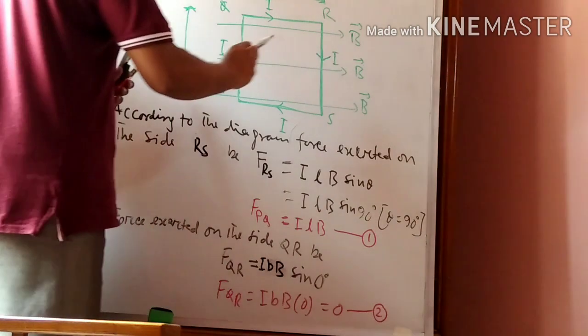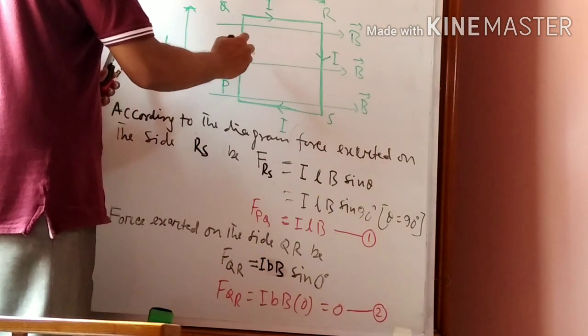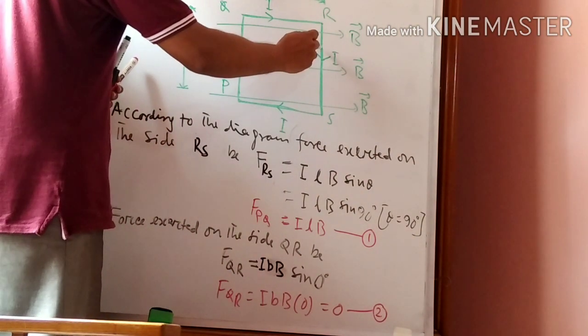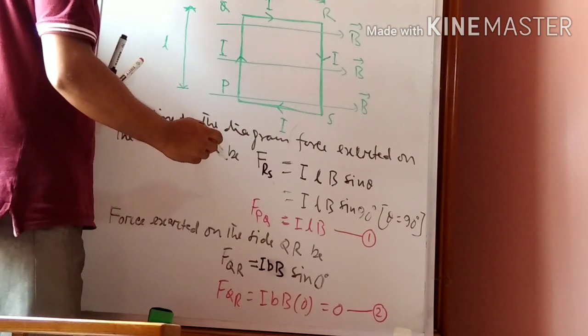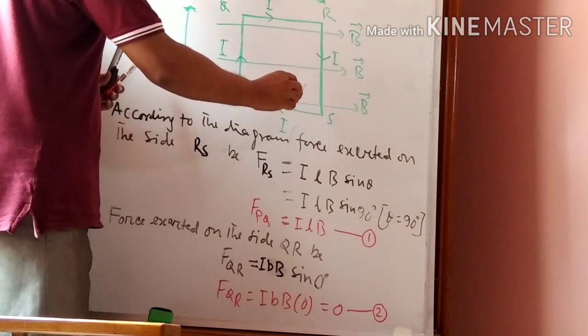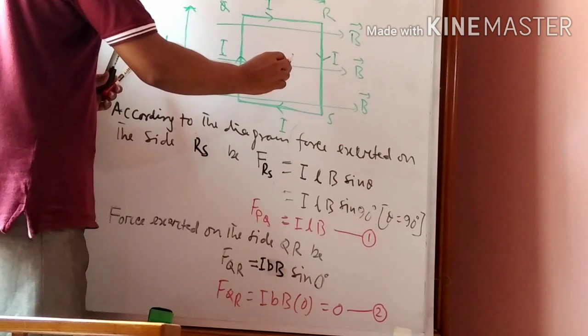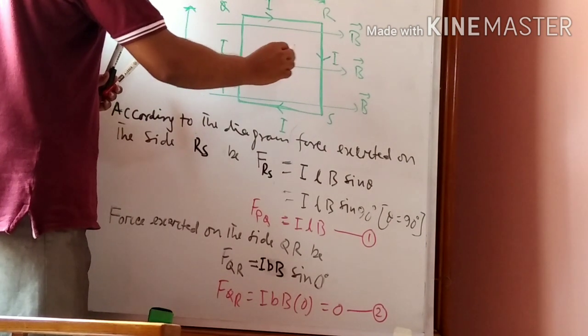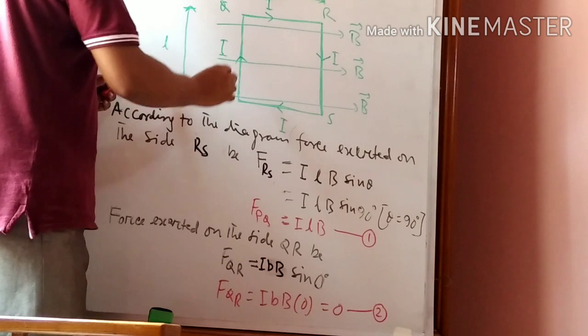Now this angle was 90 degree, so this angle will be 270 degree. You understand the fact? Because the flow of current is changing its direction by 180 degree. So 180 degree plus 90 degree is 270 degree.